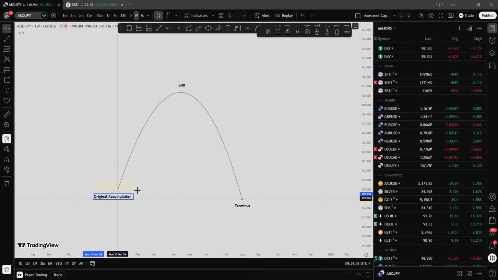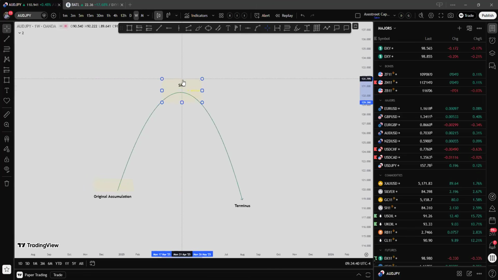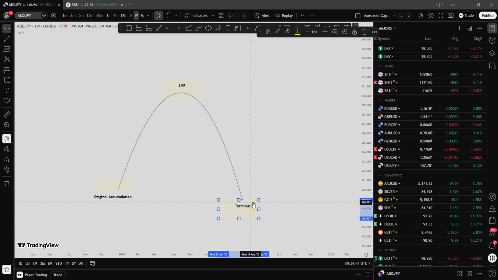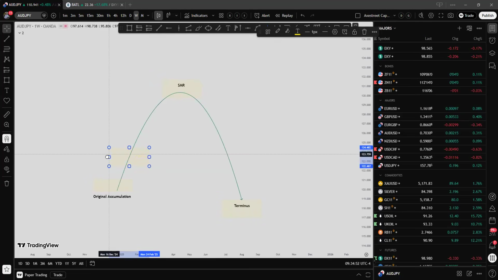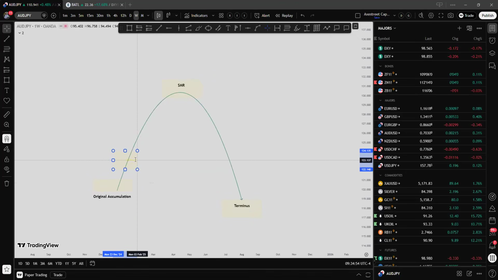Right. So this is our original accumulation. This is our smart money reversal. We'll have this also in yellow, and terminus is down here. In the middle of these, we have our accumulation levels, where the market reaccumulates. So this, for example, would be our first phase of accumulation.